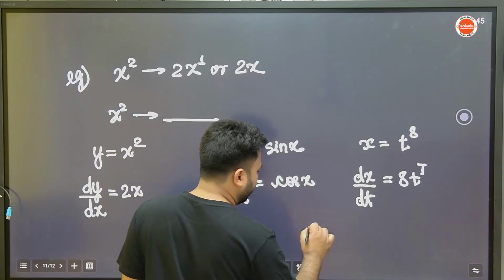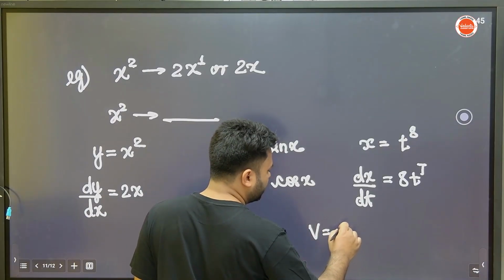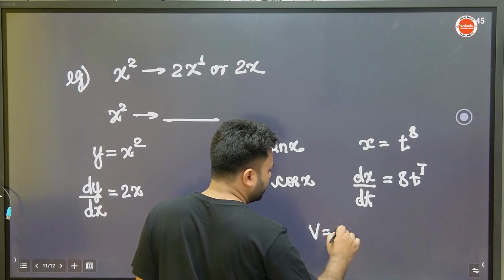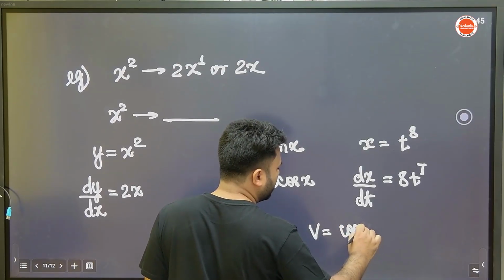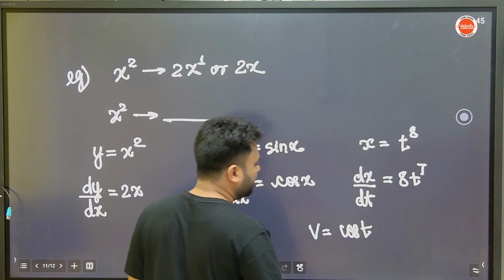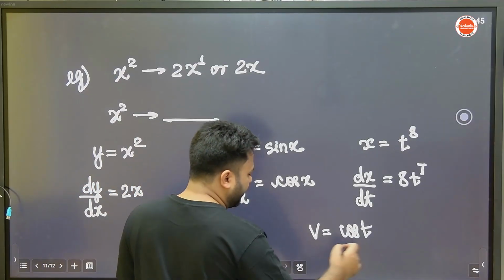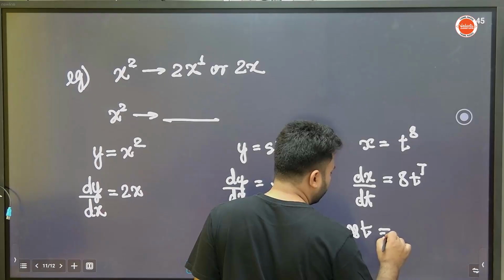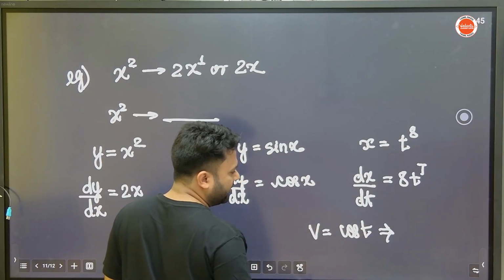Like suppose velocity they give, v equals cos of t. So again what are we going to write? Here we have v, here we have variable t.